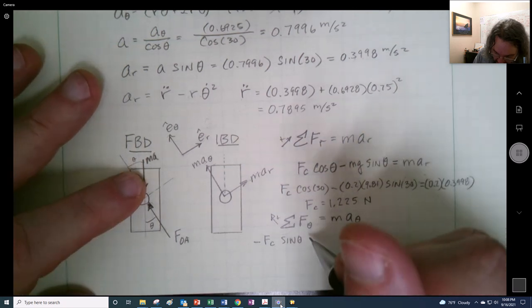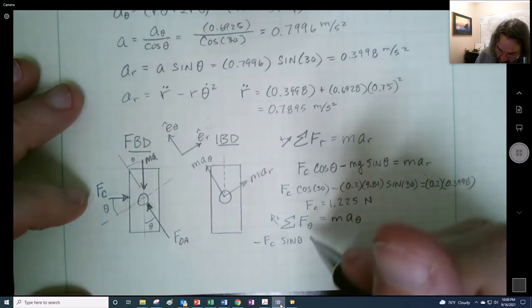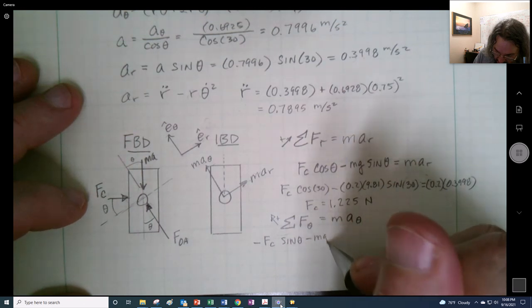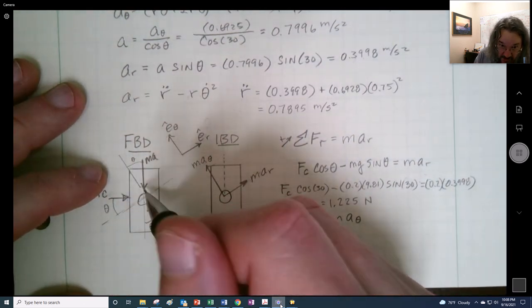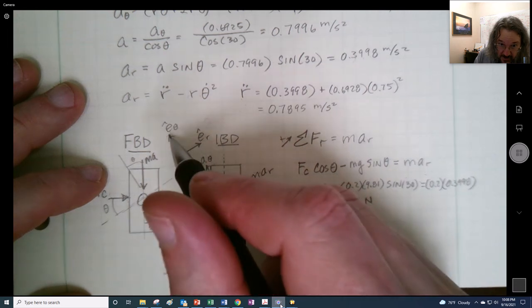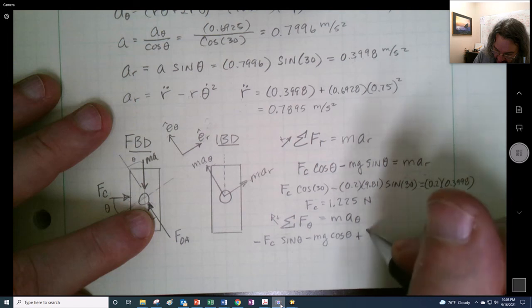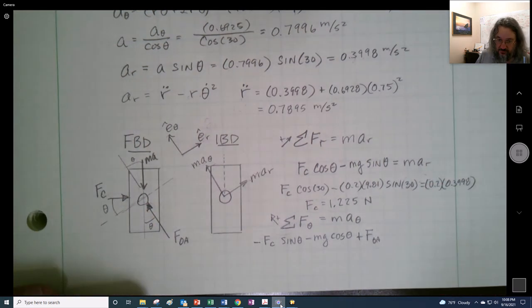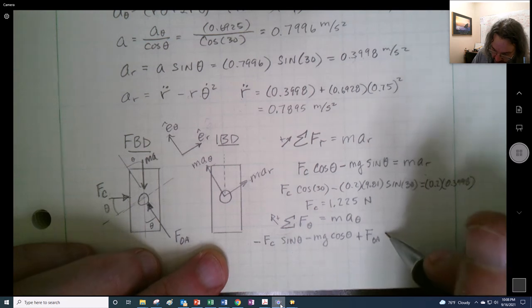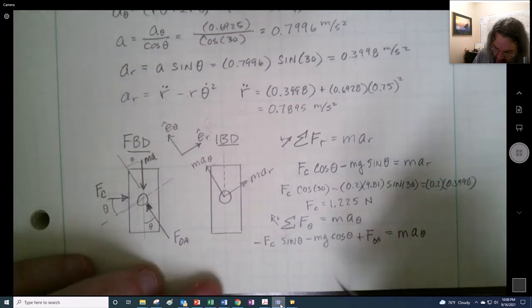And then we're going to have, is that true? This is also negative mg cosine of theta, because it has that part coming down, right? That's in the negative theta direction. And this guy's in the positive, plus FOA, and that's going to be equal to mass times acceleration.